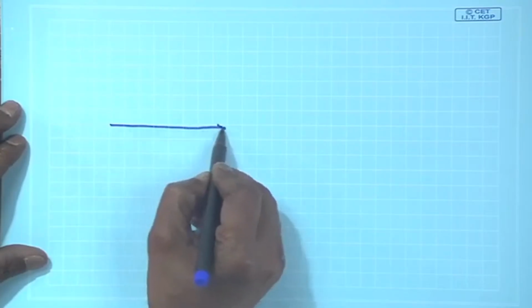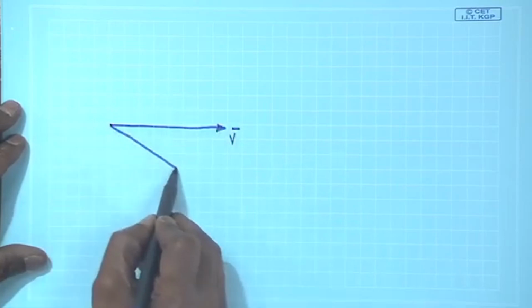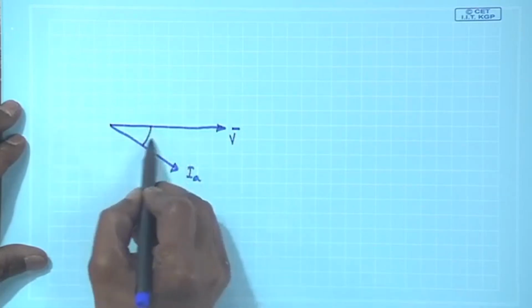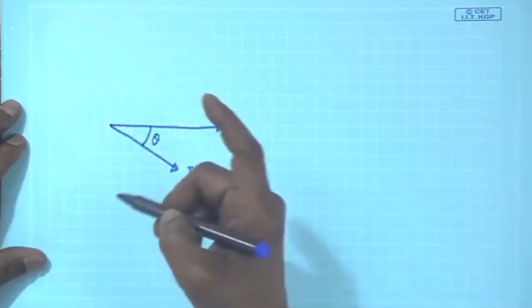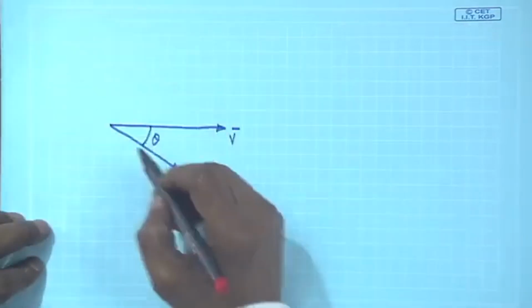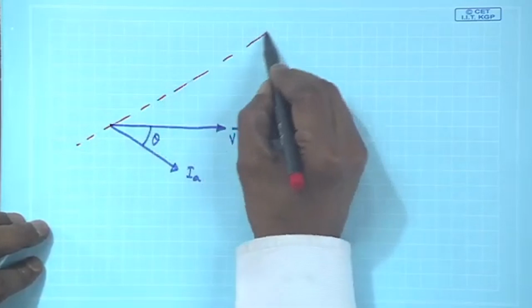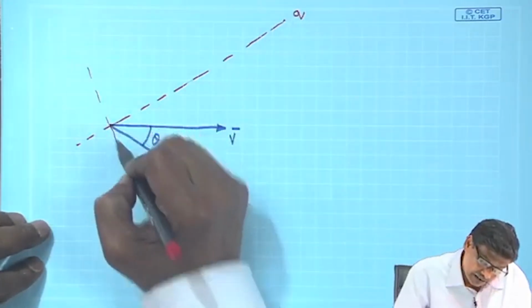With RA equal to 0, you start with V, you draw IA. You know theta, then delta is known, with the tan delta expression. Then I will draw the q axis and then the d axis.